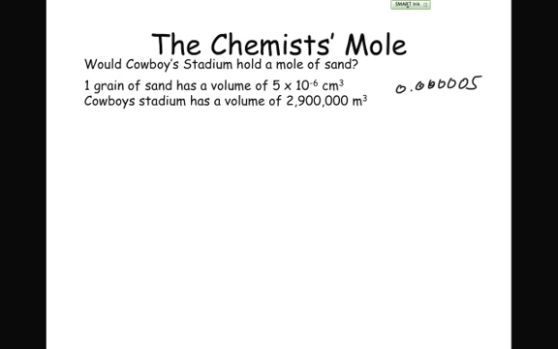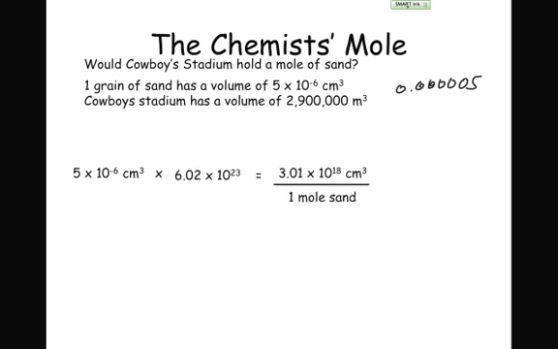So let's do the math. If 1 grain of sand is 5 times 10 to the negative 6 centimeters cubed, and I have a mole of them, I'm going to multiply that by a mole, and that'll give me the volume of a mole of sand, which is 3.0 times 10 to the 18 centimeters cubed per mole of sand. So that's my volume per mole of sand.